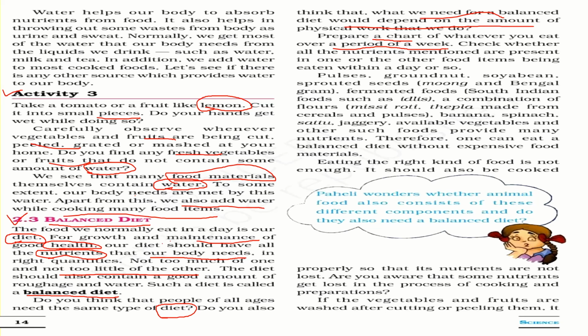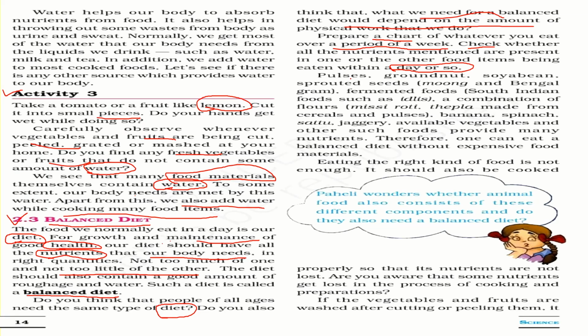Check whether all the nutrients mentioned are present in one or other of the food items being eaten within a day. Check what you have noted, whether the food you consumed has any carbohydrates, fats, proteins or other vitamins.